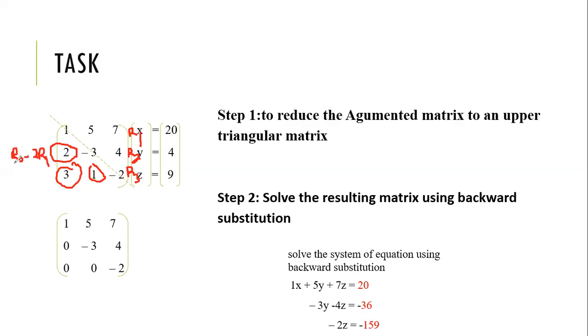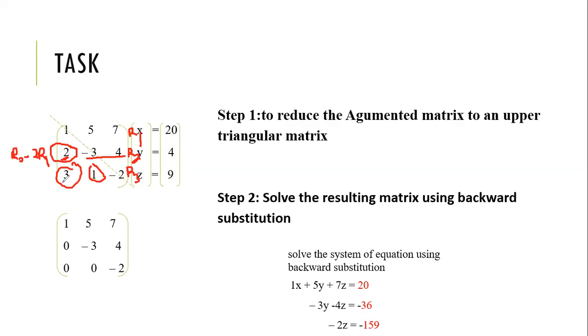If we work this mathematical operation out, then this element here will go to 0, whilst other elements in the row will also change.